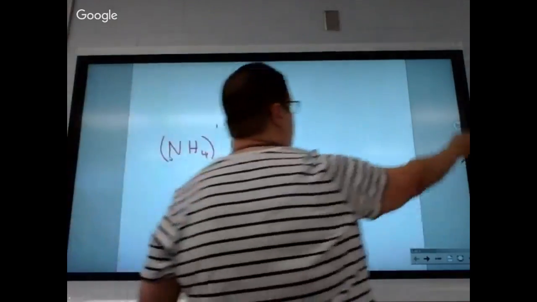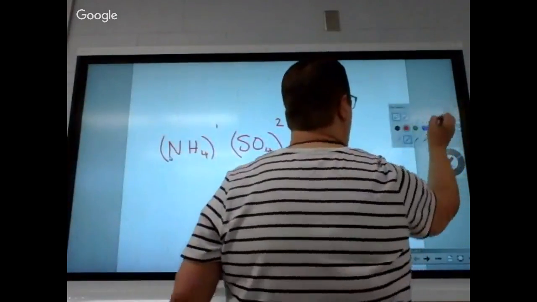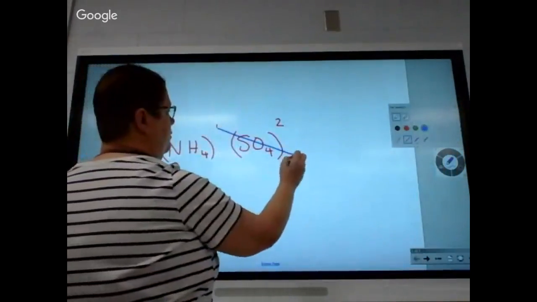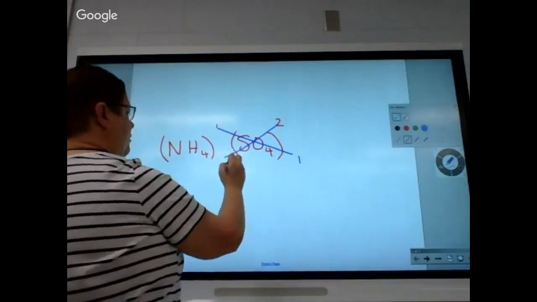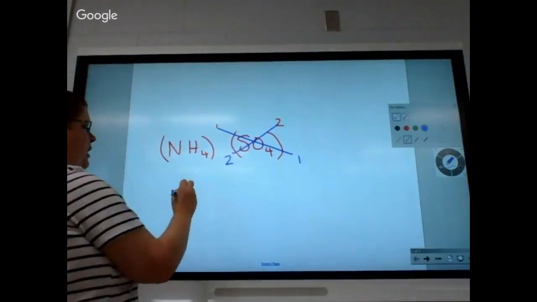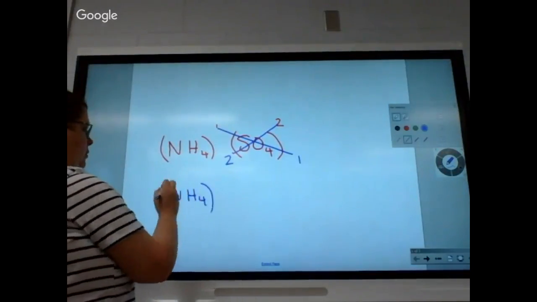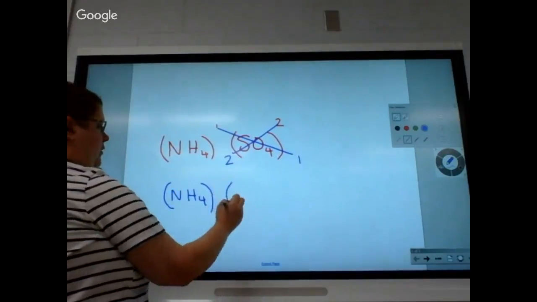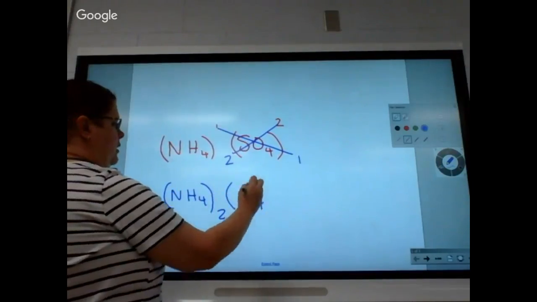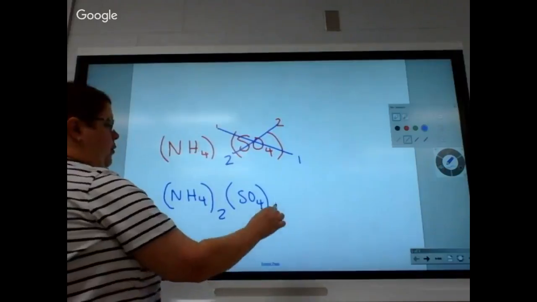And then 1 is going to come over here. 2 is going to come over here. And so I'm going to wind up with NH4 with a 2, and then SO4 is going to have a 1. I'm going to get rid of the 1.